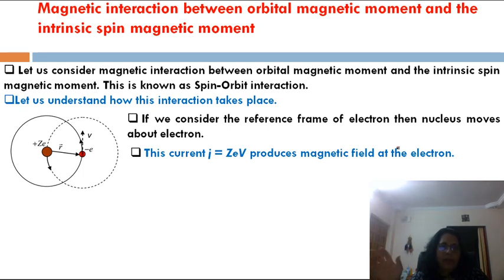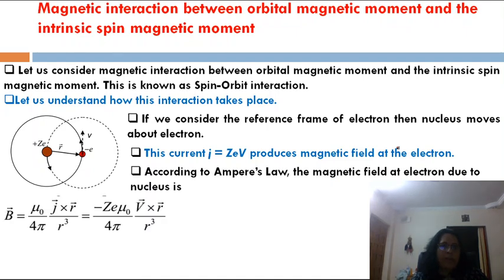When the nucleus is moving, the current flowing due to the motion of the nucleus surrounding the electron will be taken as Z e v, where Z is the atomic number, e is the charge, and v is the velocity.